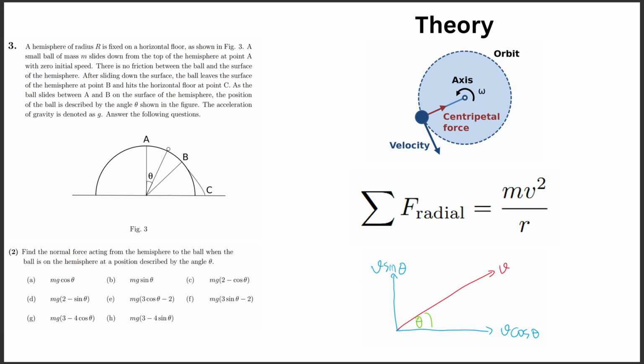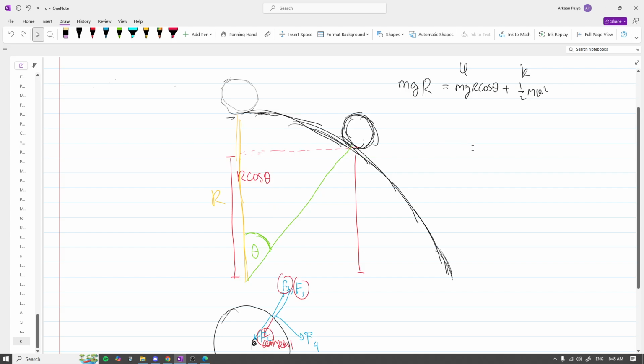To find the normal force, let's get back to this drawing. Let's think of all the forces that are acting on the ball. Obviously there is the gravity, the weight, and there is also a velocity.